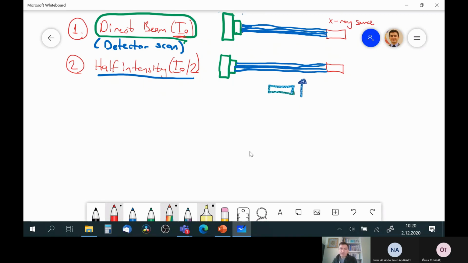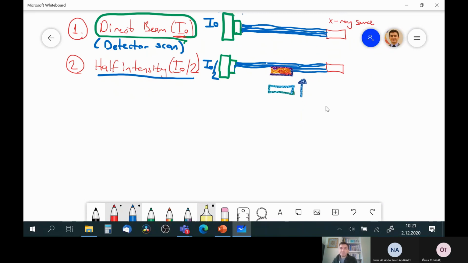Just move the sample in, and this is the sample, and look at this part. Now half of the intensity is blocked by the sample, okay? At the beginning, the intensity at the detector was I0, now I have I0 half. This move can also be done by the goniometer, okay?